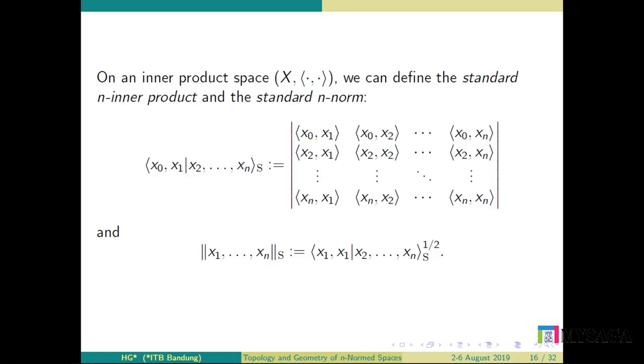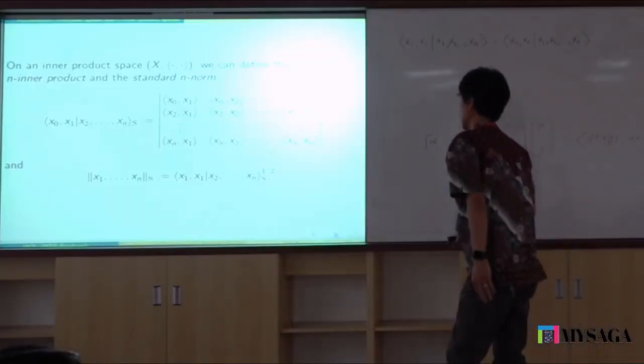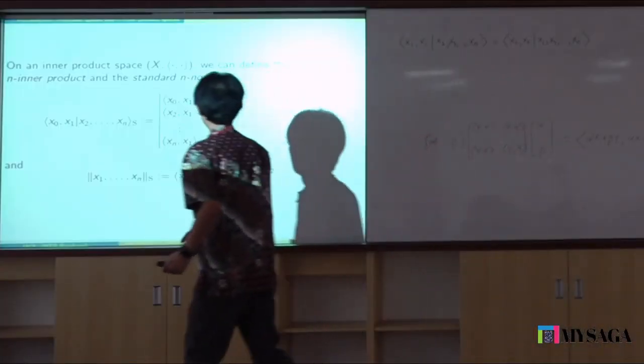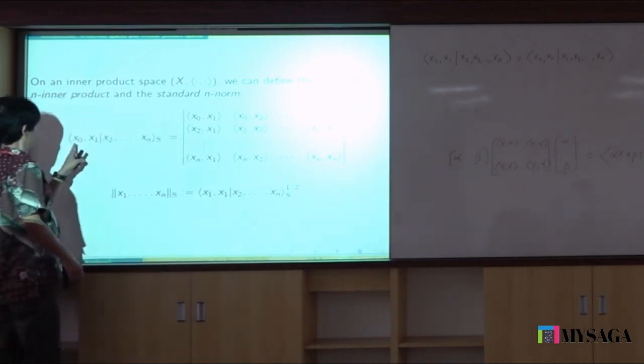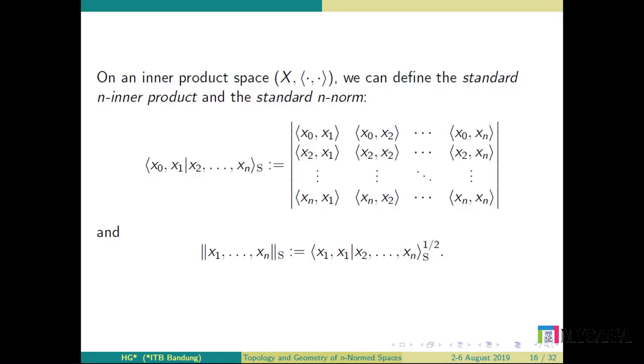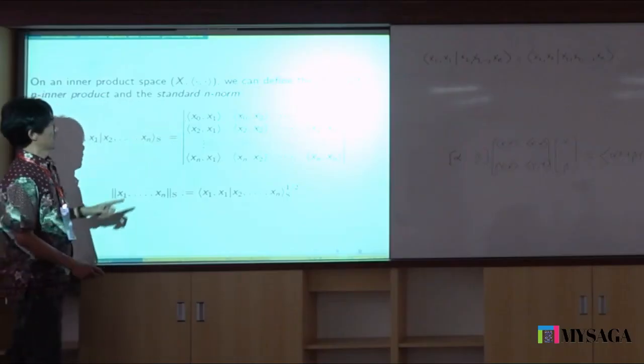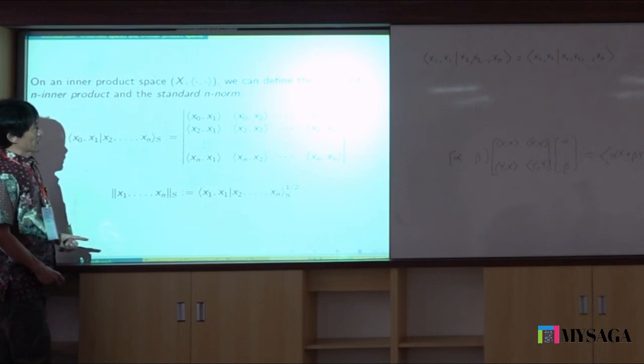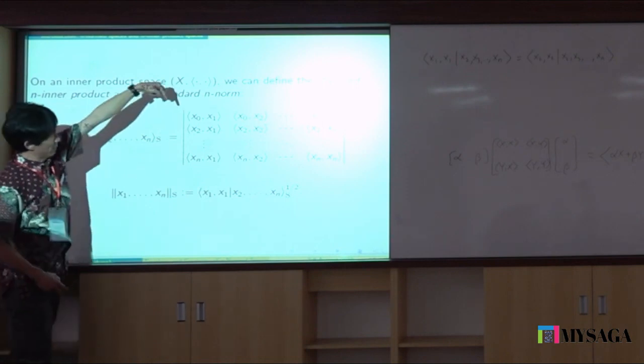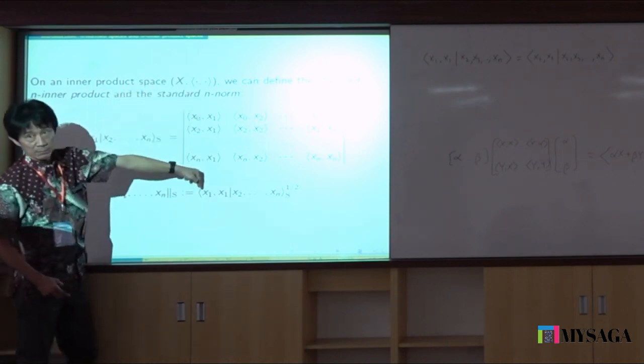So the n linear product is given by this formula. If you look at x0 here, x0 appears in the first row, and x1 appears only in the first column.